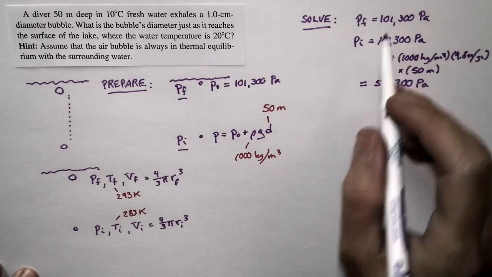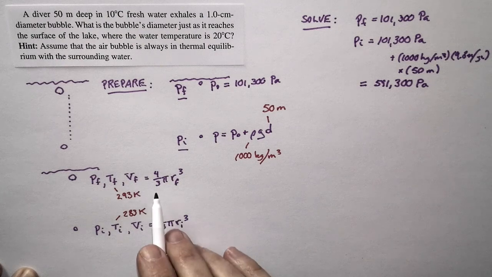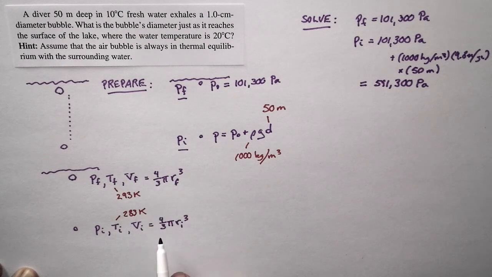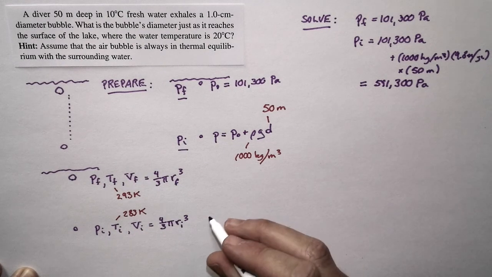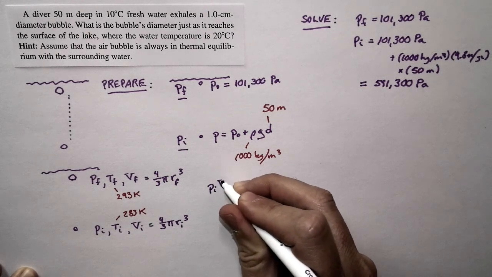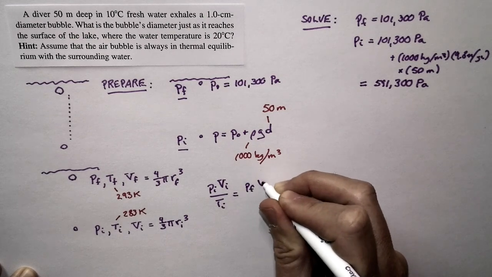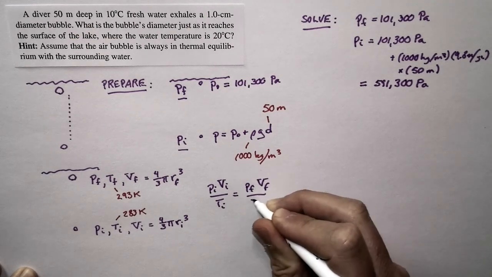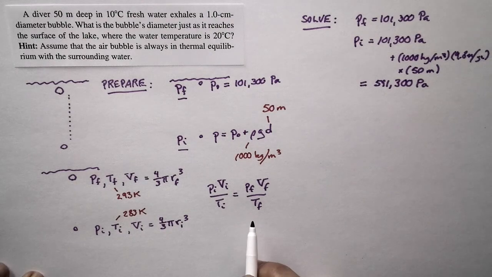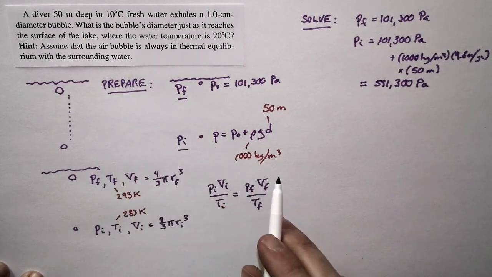Now that we have the pressures, we have the temperatures, and we have the volumes, let's go ahead and relate the initial and the final pressure, volume, and temperature. And our most general relationship for that is this: Pi times Vi over Ti is equal to Pf times Vf over Tf. And this relationship is true for a sealed system, but it's a bubble, and we can assume the bubble is basically a sealed system.